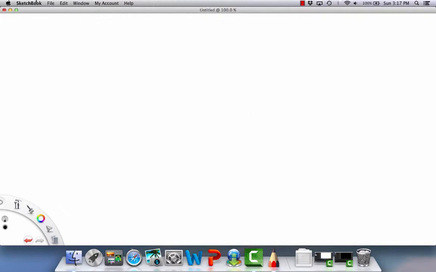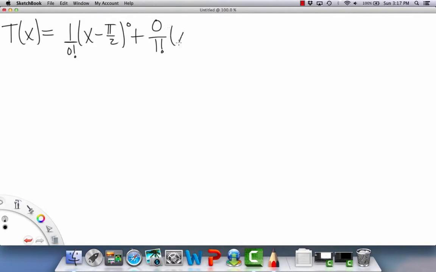And what we have is our Taylor series expansion is going to be 1 times x minus c to the 0, over 0 factorial, right? And then we have plus 0 over 1 factorial times x minus pi over 2 to the 1 power.